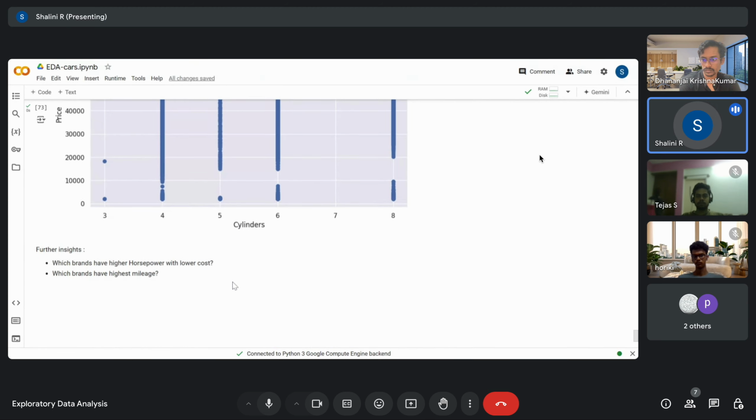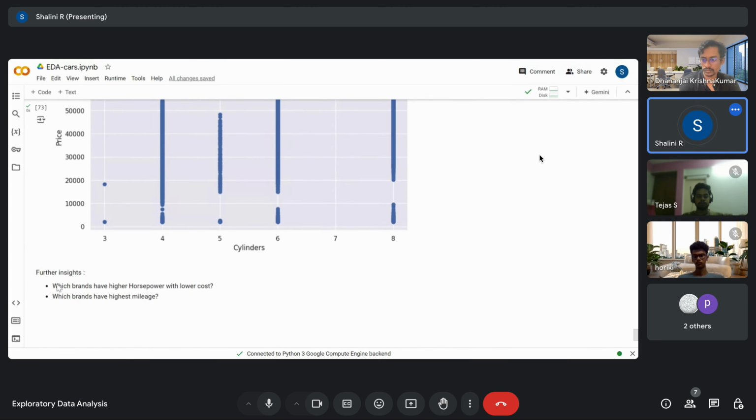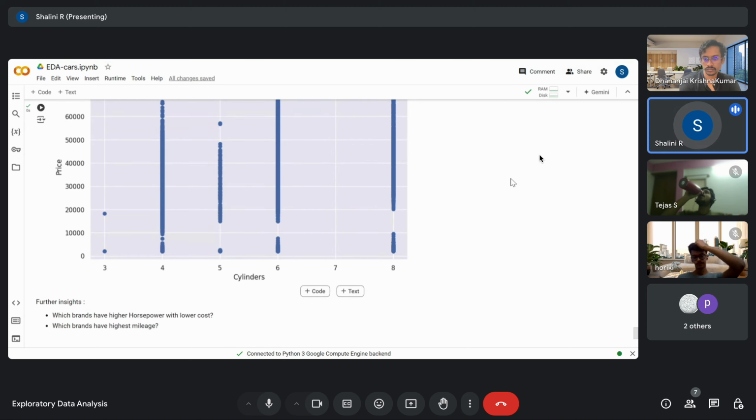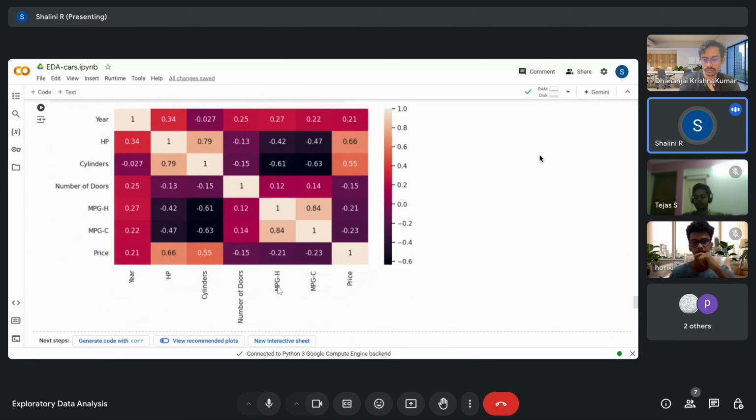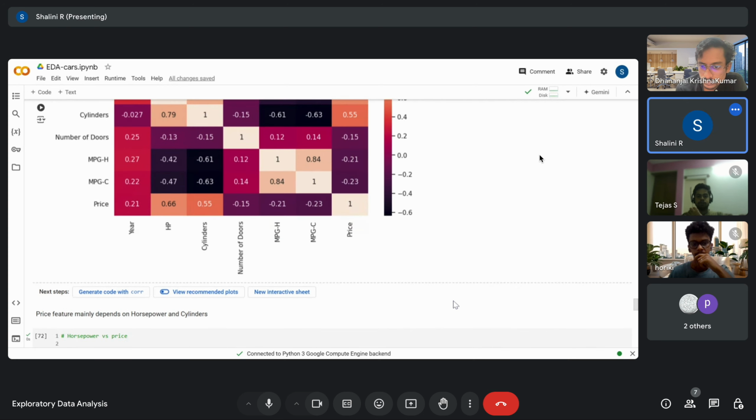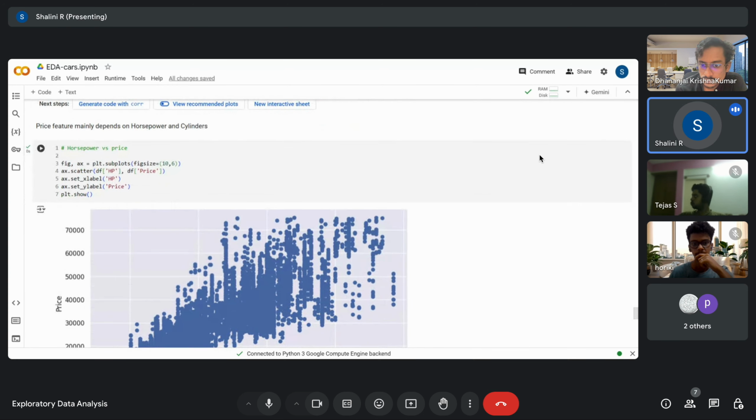What I mainly wanted to find out was which brands have higher horsepower with lower cost, or which brands have more mileage. There were two columns with mileage, MPGH and MPGC, which are mileage in the city and mileage on the highway. So these could also be found out.